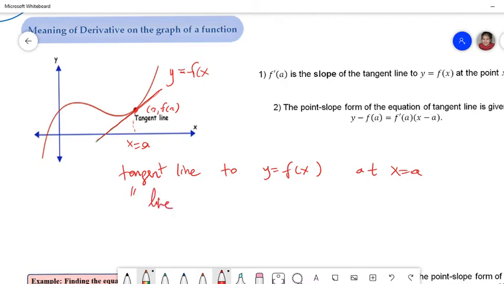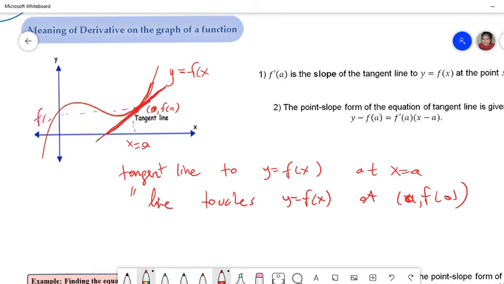This line touches y equal to f of x at a, f of a. We call this situation tangent to this graph. This line is tangent to the function at this point, a, f of a, with this corresponding y value here.